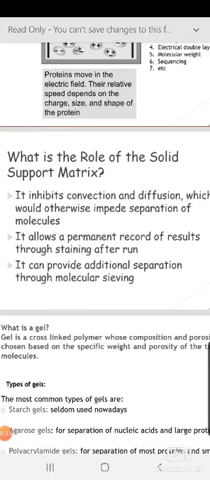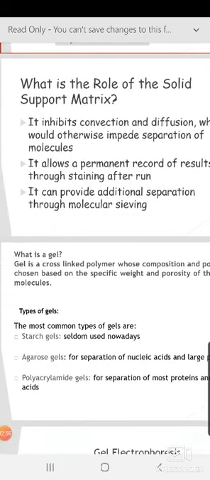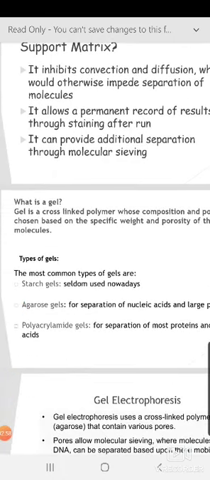The solid support matrix allows a permanent record of results through staining after running. This documentation is very important, and it can provide additional separation through molecular sieving. The solid support itself can help the separation due to its sieving property. We will see what the sieving property is.